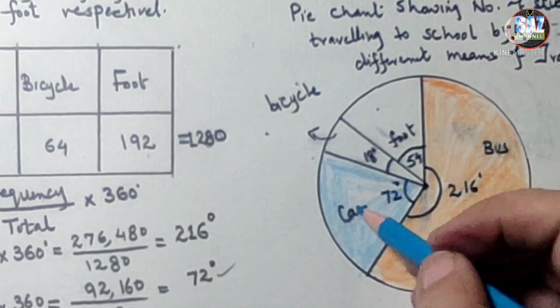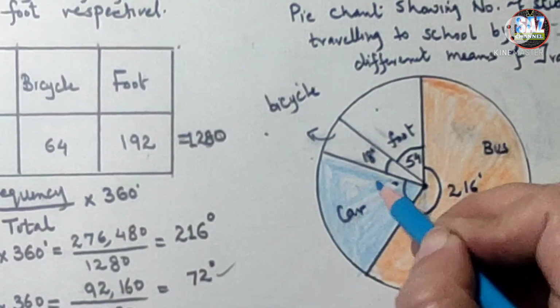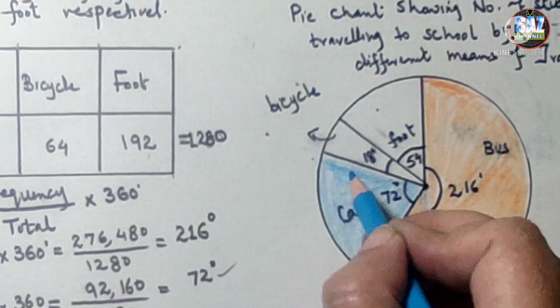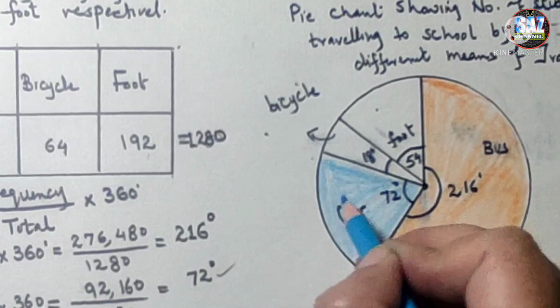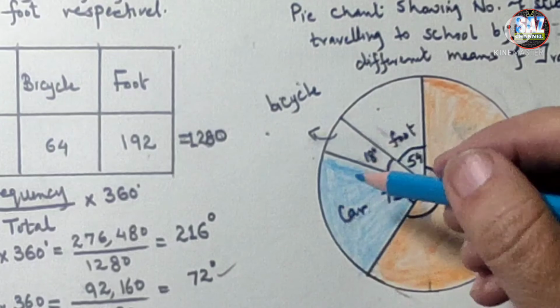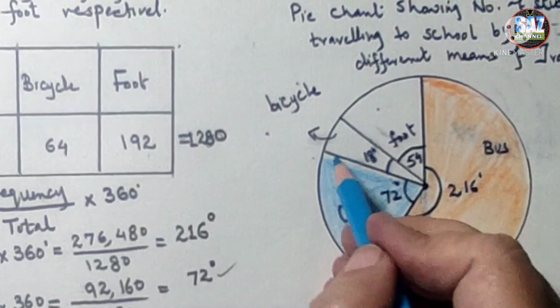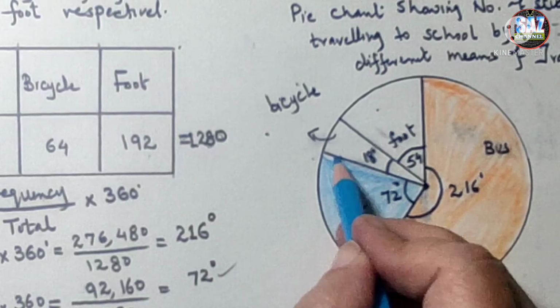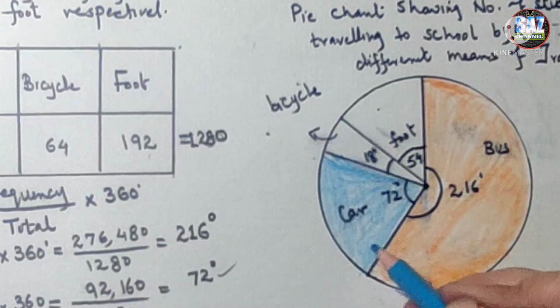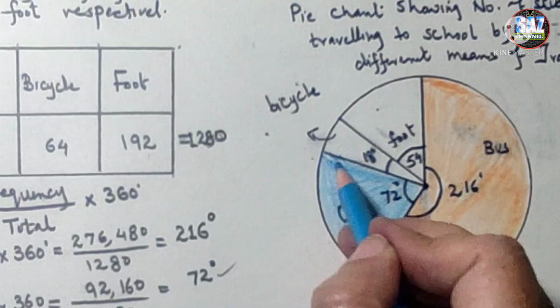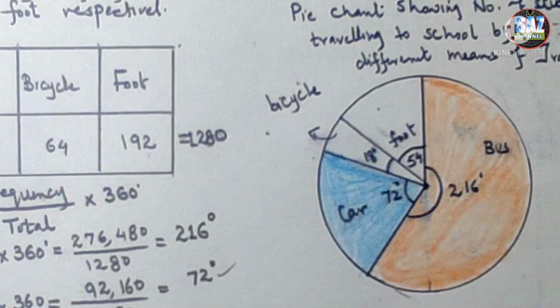And the second thing is how we are going to find the total. For finding the total, whatever information is given in the question, if it is given in the form of numbers, you have to add up all of the quantities to find the total.